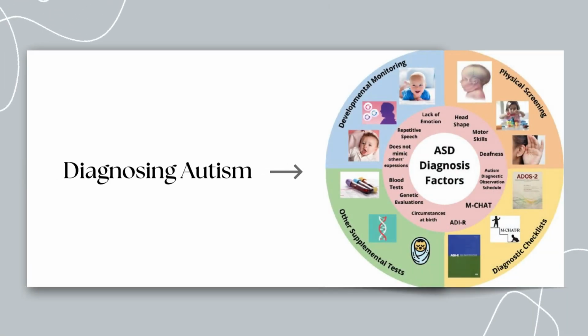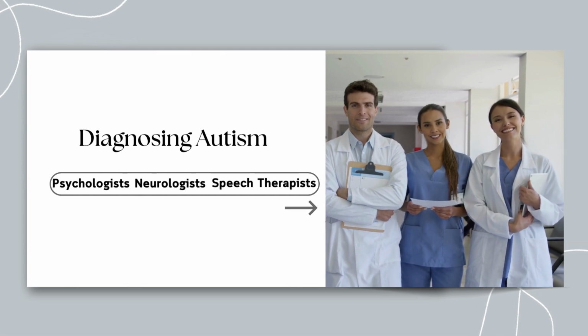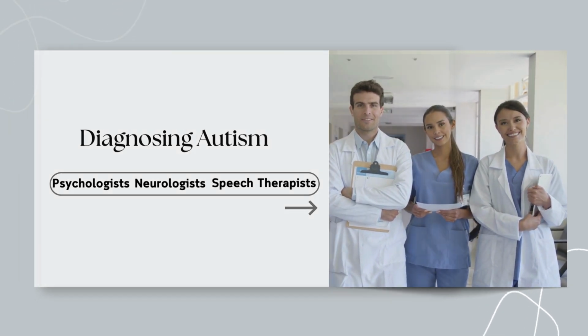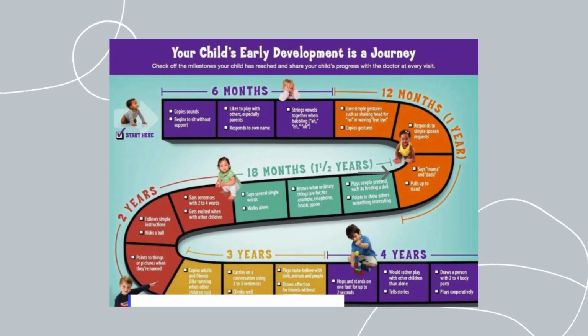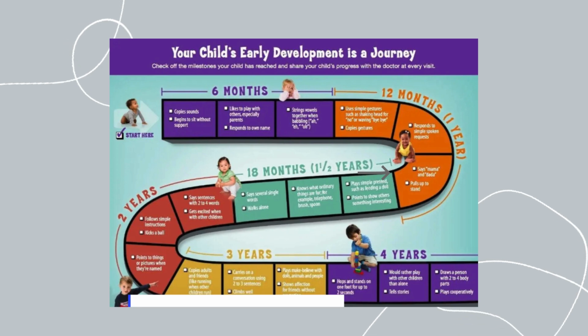Diagnosing autism isn't always straightforward. It involves a comprehensive evaluation by a team of professionals, including psychologists, neurologists, and speech therapists, often starting with developmental screenings in early childhood, and the process includes detailed interviews and observations of the child's behavior.